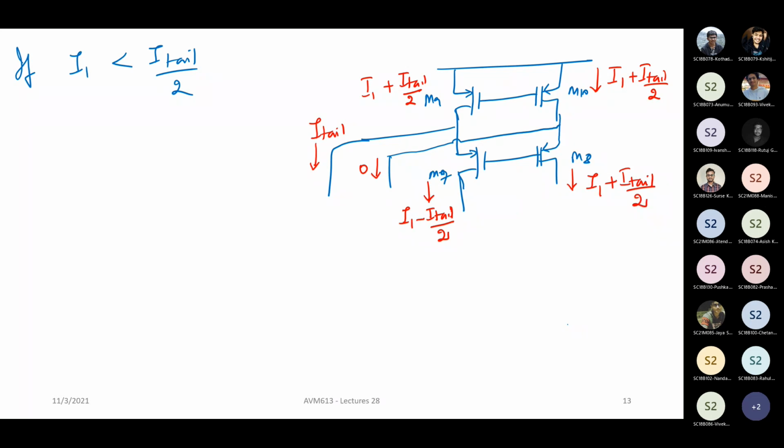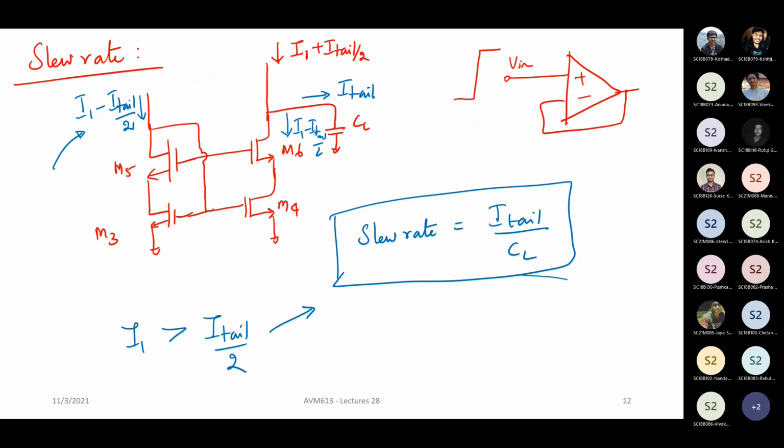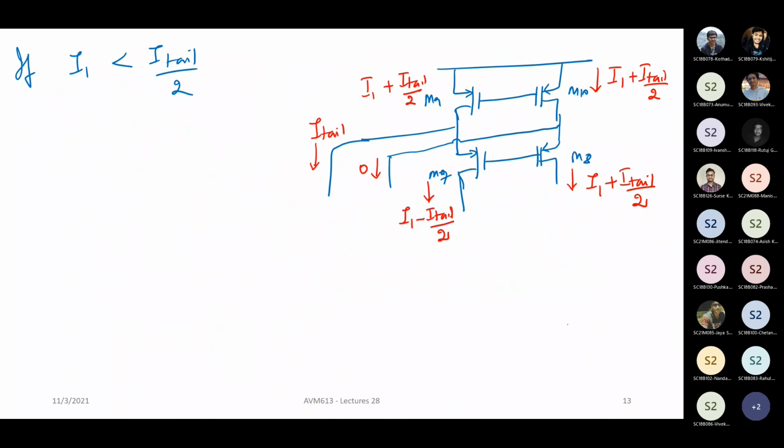This is the scenario. Now, whatever we saw here works as long as I1 is greater than I tail by 2, which means that this current is still positive, right? Now, what happens if I1 is less than I tail by 2? This current through M7, let's call it ID7, becomes basically 0, right?